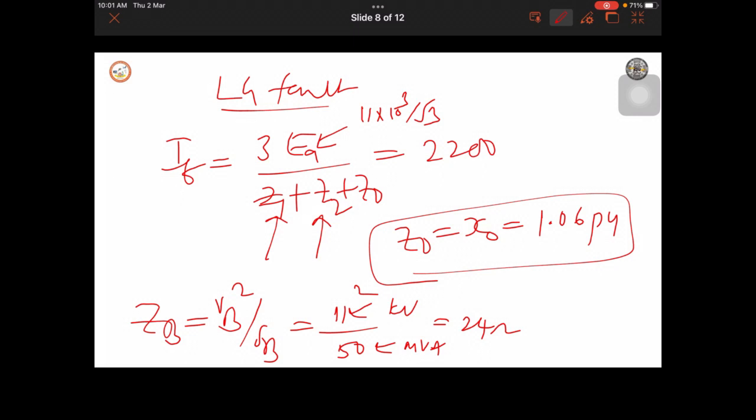If you want the actual value of X0, the per unit value is multiplied by the base value, that is 1.06 multiplied by the base value. Base value is 24. Then you will get X0. So please calculate and you will see that this value is around 24 ohms.